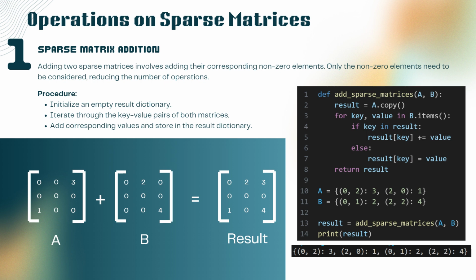Then we start a for loop with key and value from the B matrix. Then we take an if condition. If key is in result, result[key] equals result[key] plus the value, or else result[key] equals the value. After this loop is completed, we return the result.